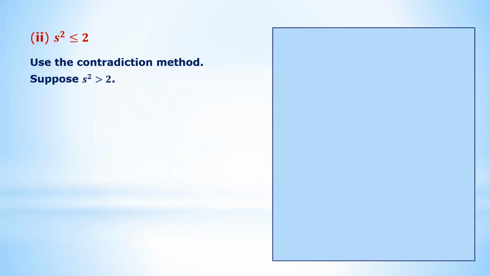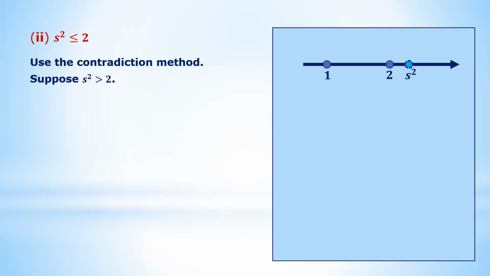So again, we're trying to do something on the scratch paper. So you can see now the situation: s squared is on the right side, creating a gap on the right side. Now we're trying to use the same idea, trying to get a contradiction, right? So I'm thinking about this gap.